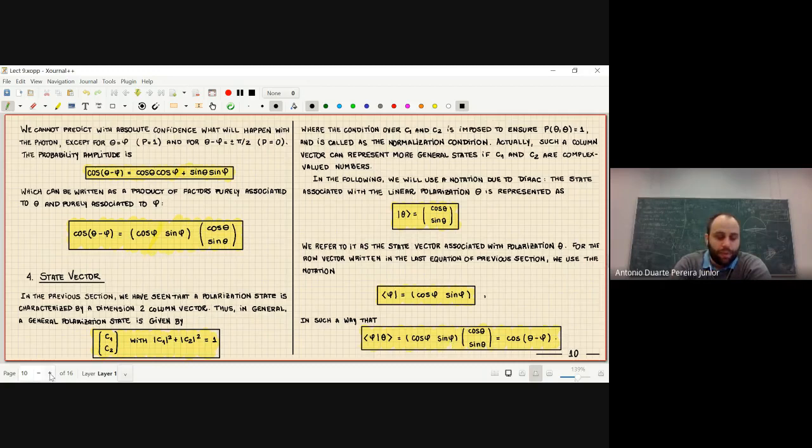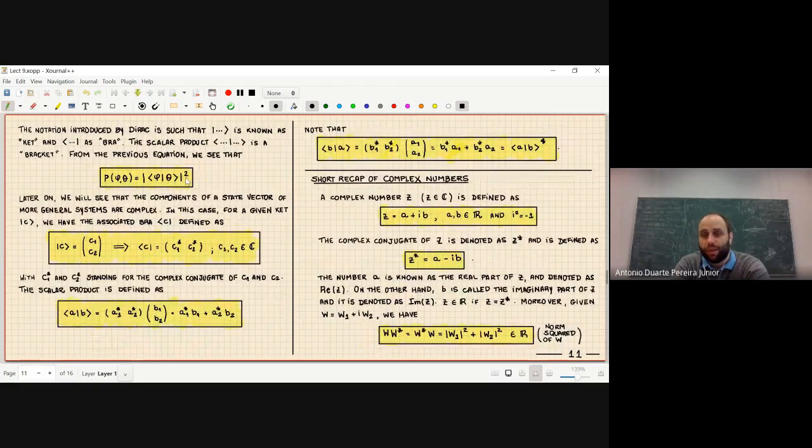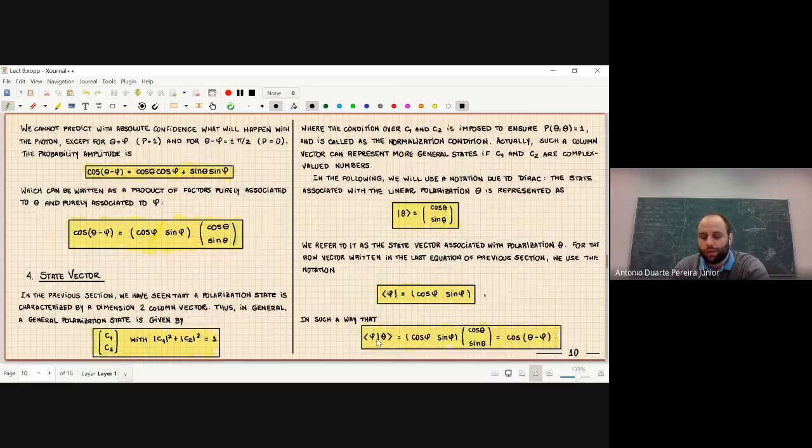But since the probability is just the absolute value squared, this will not change the probability. So in the end, it doesn't matter too much if you exchange the order at the level of probabilities, okay? But this is a probability amplitude, right? So you have to take the absolute value and the square. And at this level, if the vectors are complex, then the result will change.